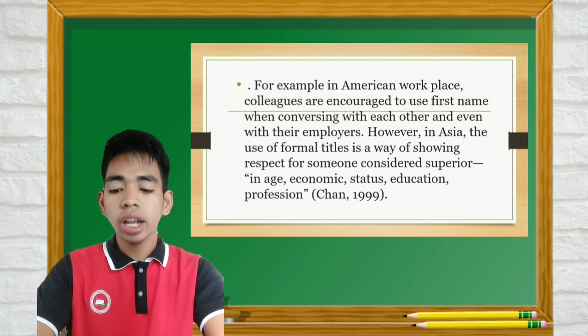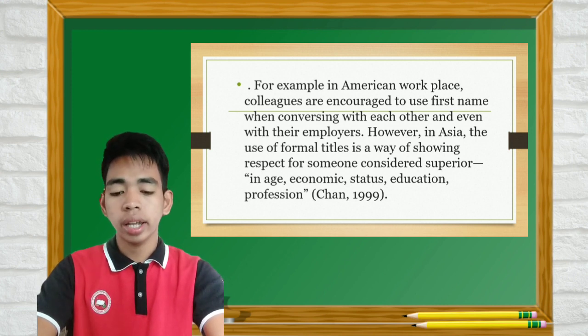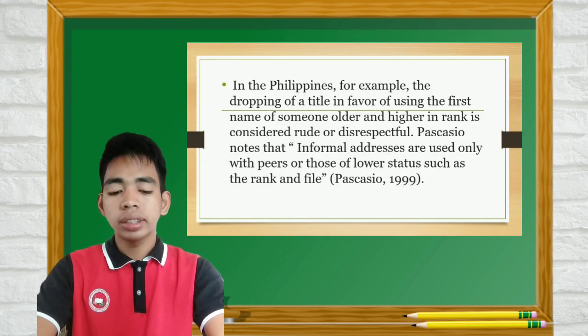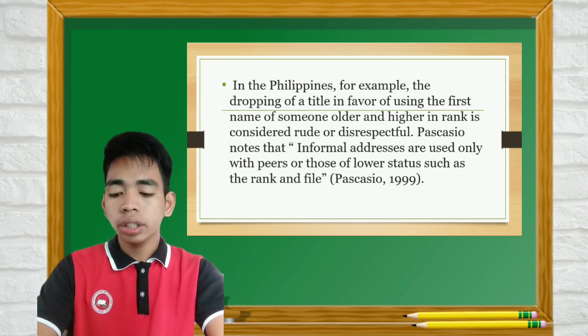However, in Asia, the use of formal titles is a way of showing respect for someone considered superior in age, economic status, education, and profession. In the Philippines, for example, the dropping of a title in favor of using the first name of someone older and higher in rank is considered rude or disrespectful.